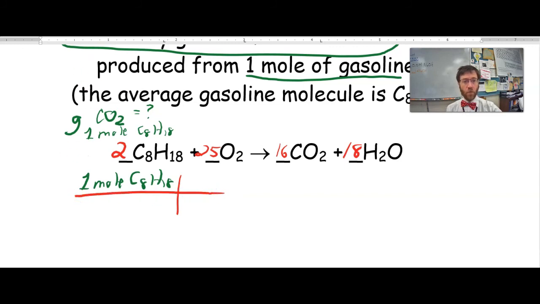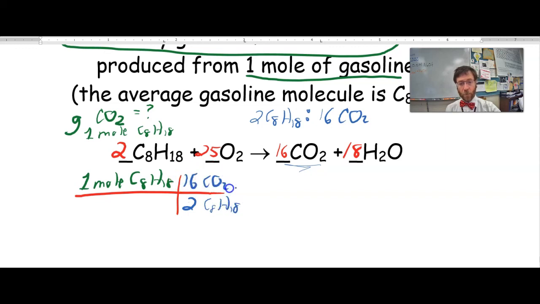Then I need my mole ratio of gasoline, which is going to be 2 gasolines for every 16 carbon dioxides. Since I have gasoline in the upper left, I'll put 2 gasolines down here and 16 carbon dioxides here. So that's going to leave me with 8 moles of CO2. Done, right? Let me double check here.